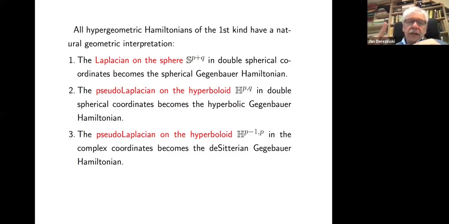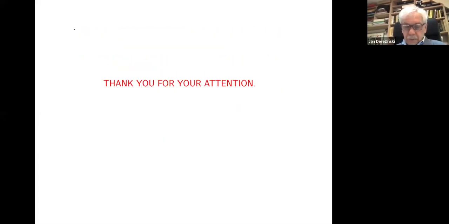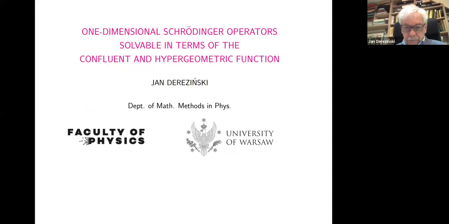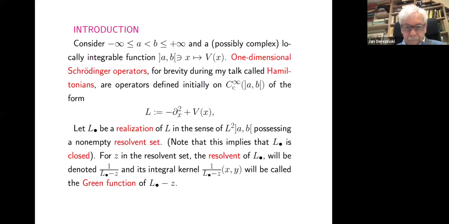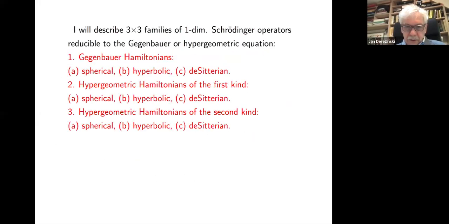Then there is a relative variable which essentially is the ratio of two radii, and you separate the variables and you get the spherical... Oh, I'm sorry.